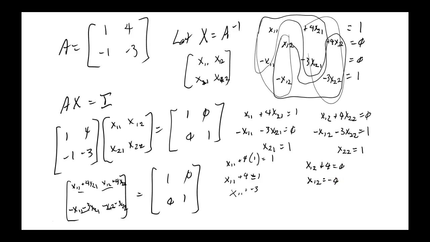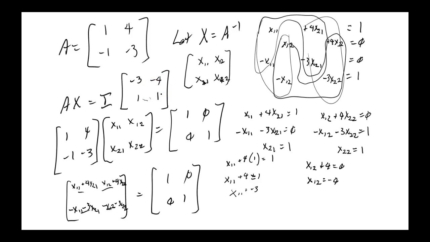So basically, your x matrix, which is your solution matrix, which we are going to claim to be the inverse matrix, is minus 3, minus 4, 1, okay, I'm getting lost here. 2, 1 is 1, and this is 1.